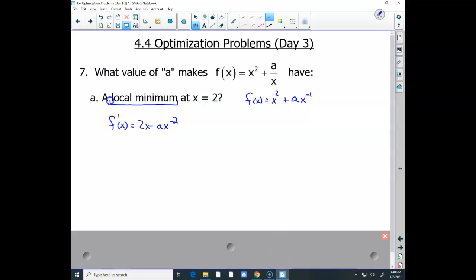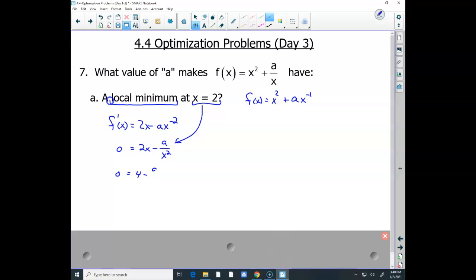Now, because I need critical values, I need to set my derivative equal to 0. So that's 2x minus a over x squared. And if I need to know when x equals 2, to find that a, I have to plug my 2 in there. So 0 will equal 4 minus a over 4.